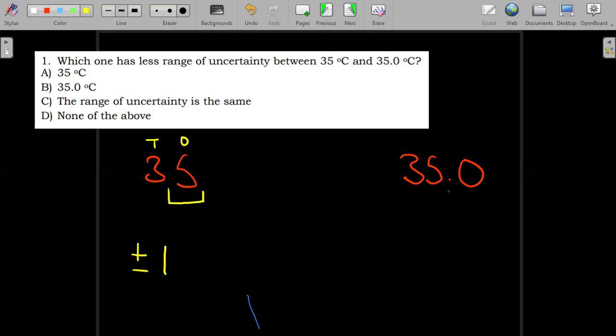Then we go to this one. Which one is the uncertain digit? The uncertain digit is the last significant number. If I write my number as 35.0, this 0 is significant. Why? Because there's a decimal point there. If there's a decimal point, the trailing 0 becomes significant.